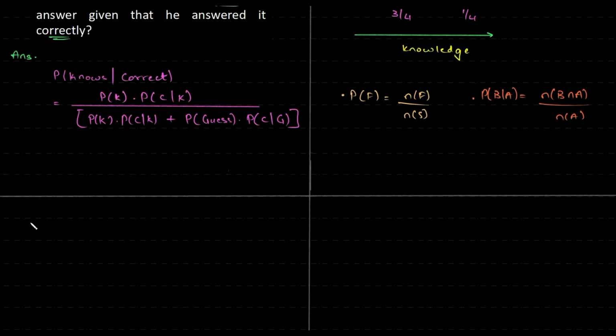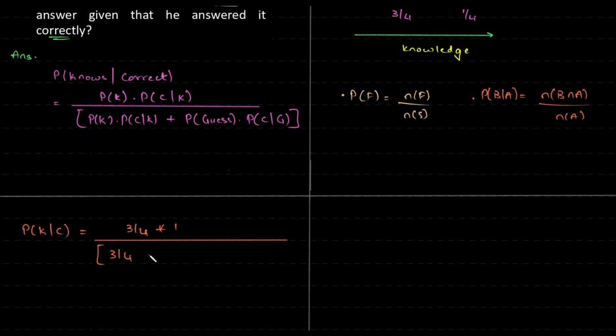Now, therefore, probability of knowing when he is correct is equal to probability of knowing, which is 3/4. And of course, when he knows, he knows. So when he knows, him being correct is 1. I hope you guys made sense of it. When he knows, it's like being sure. Of course, you can understand at this level with negative marking and all of that, right?